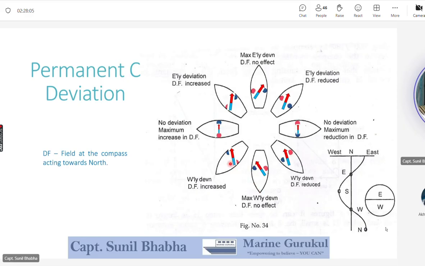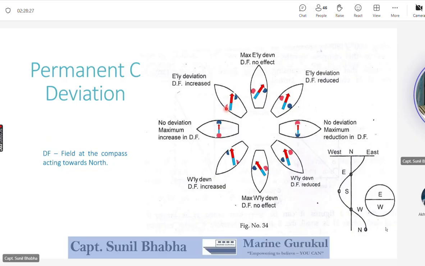With the ship heading in the southwest direction, again you have a westerly deviation. With the ship heading in the westerly direction 270, you have no deviation at all. And with the ship heading on the northwest heading, the compass has an easterly deviation.